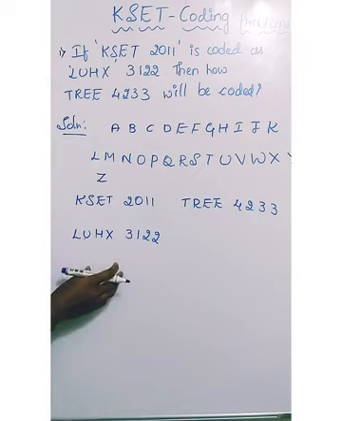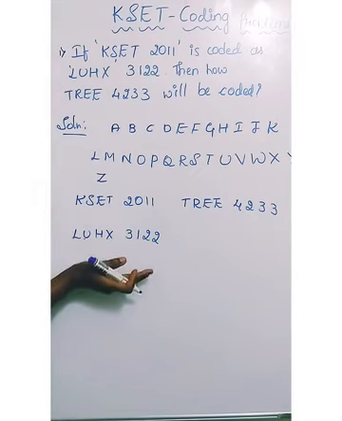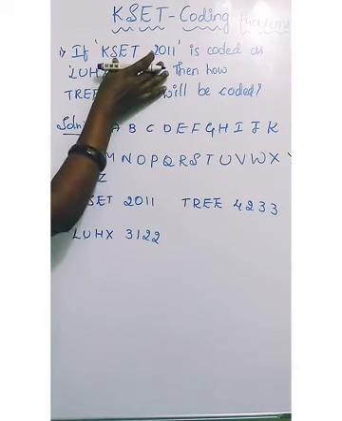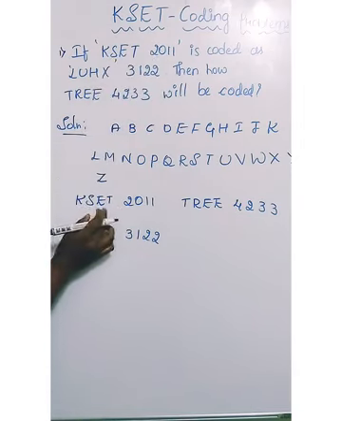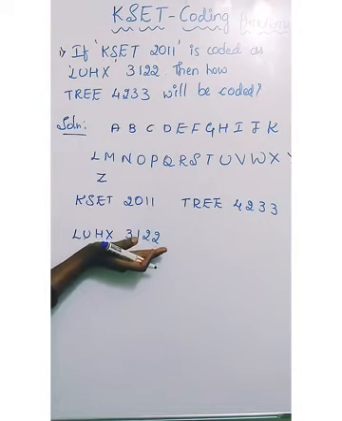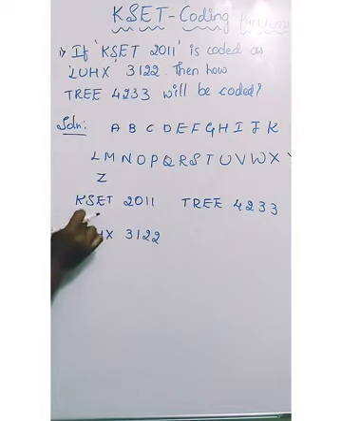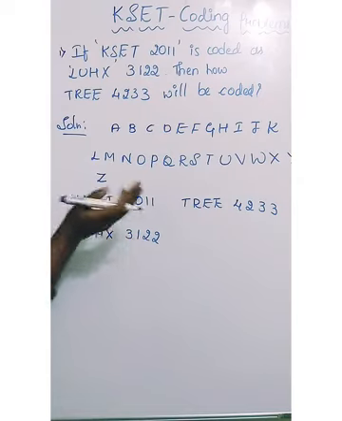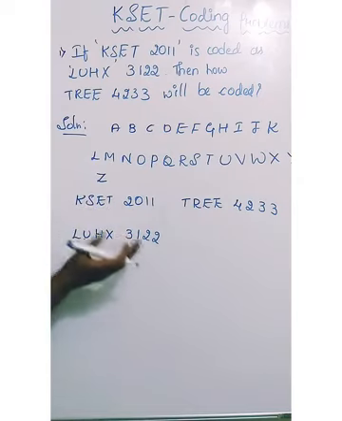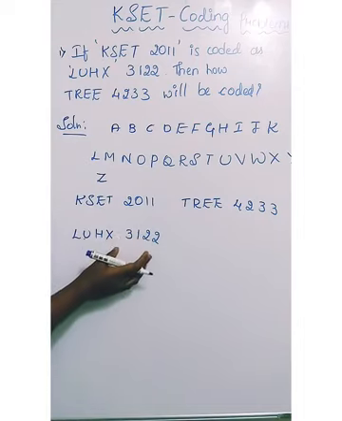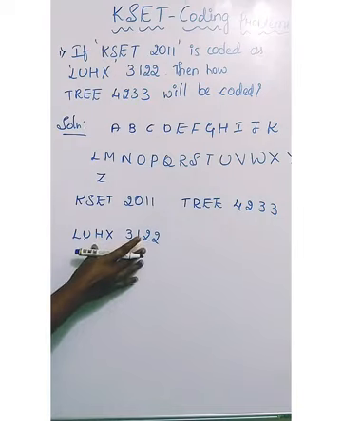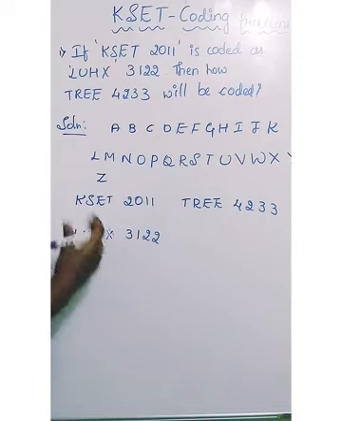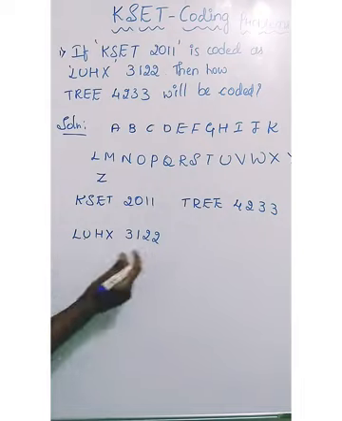Here you can notice that below each letter I have written the codings. Below K I have written L, and for S I have written U. Respectively, below each and every letter and digit I have written the coded letters and digits. Now I'll explain how to do the codings.